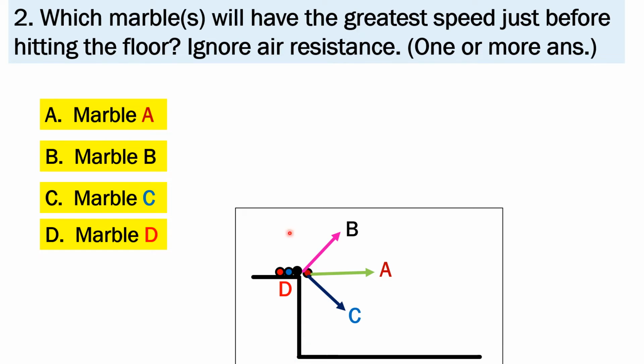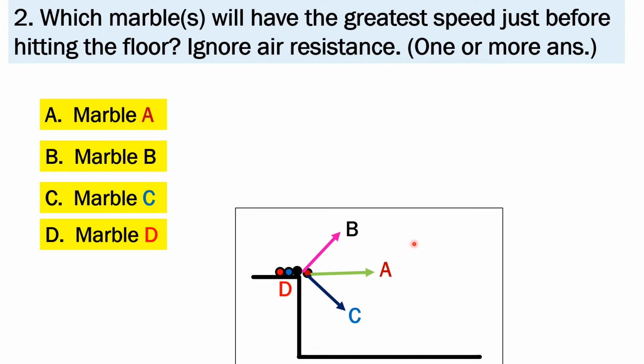We are going to ignore air resistance, and we are looking for one or more answers. There could be just one answer, there could be two, three, or four. So let's start analyzing this question, analyzing the motion of each of the marbles before I reveal to you the correct answer.